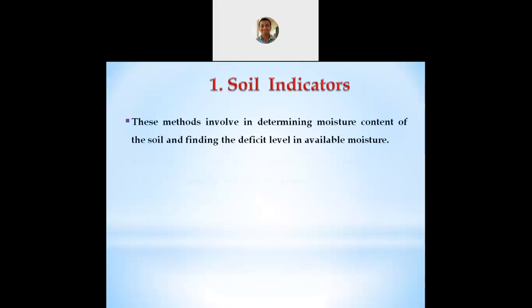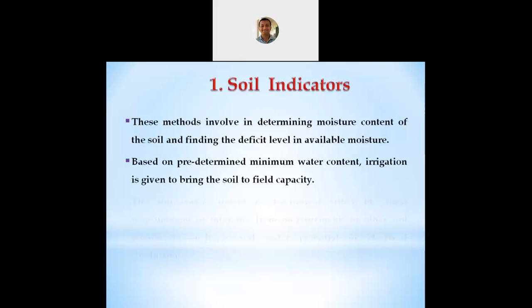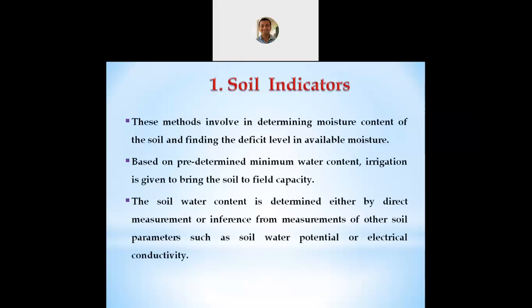Starting with the soil indicators, these methods involve determining the moisture content of the soil and finding the deficit level in available moisture. If you remember, previously we said the available water ranges between field capacity and permanent wilting point.